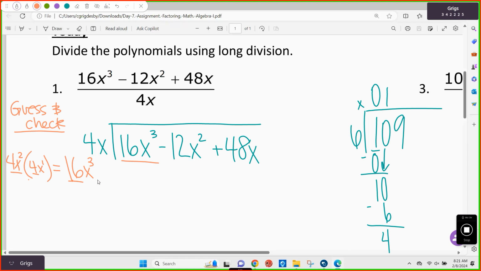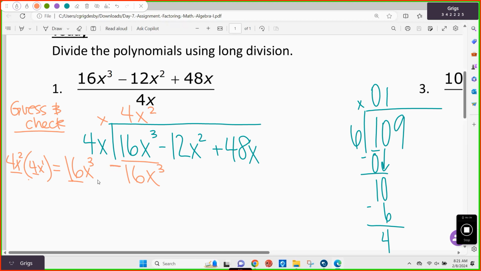So up top, I'm going to say 4x squared. And I think 4x squared times 4x gets me 16x to the third power, right? But division is the process of repeated subtraction.